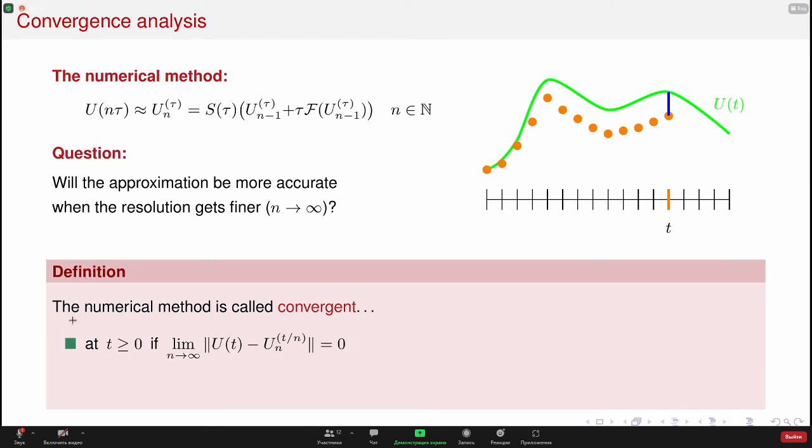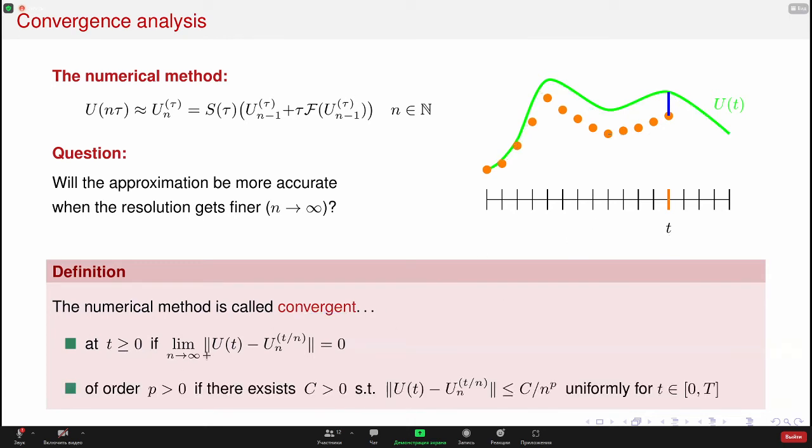So the definition: the numerical method is called convergent at time level t if this limit is 0. So this means that these points converge actually to this continuous exact solution when n goes to infinity.